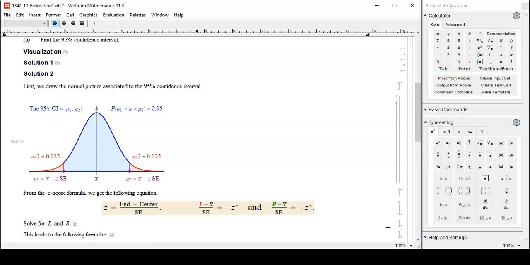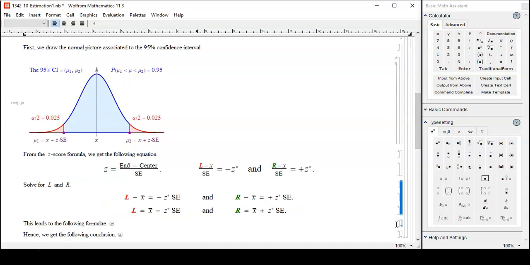Now from here, solve for L and R, and that's simple. Flip this denominator to the other side by multiplying, and then flip this subtraction to the other side by adding up, and in the end we get these two formulae. L is x bar minus z star times SE, R is x bar plus that, and this one is the margin of error.